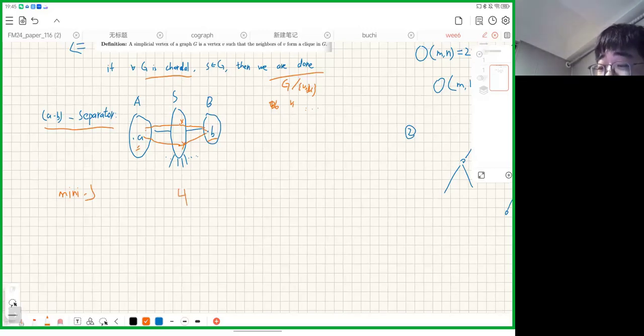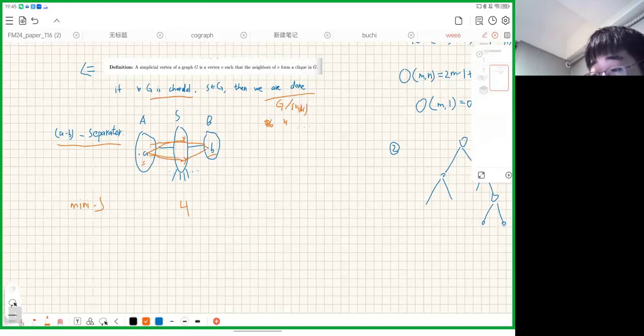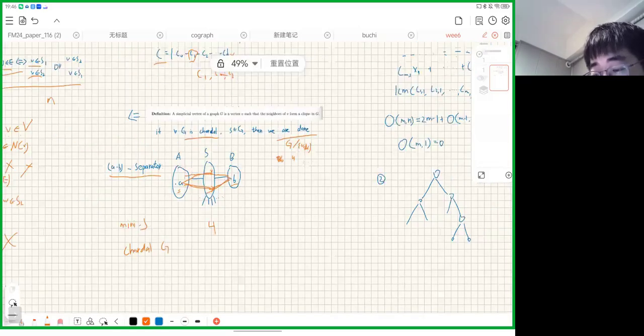And if we choose the shortest paths from X to Y, one through A and one through B, then there is no chord. So we create a cycle with no chord and with length at least 4. So this means any minimal separator of a chordal graph is a clique.